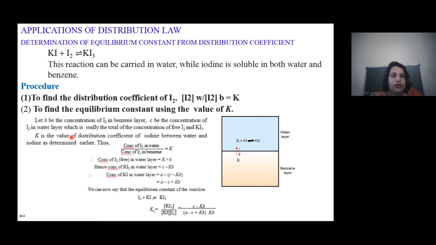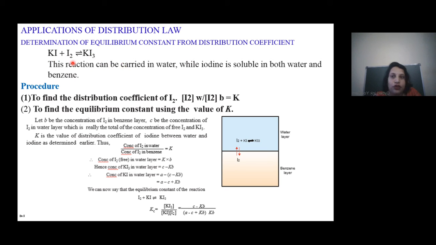Now, there are different applications of the distribution law. For example, we can determine the equilibrium constant of complex formation in this reaction: KI plus I2 giving KI3.